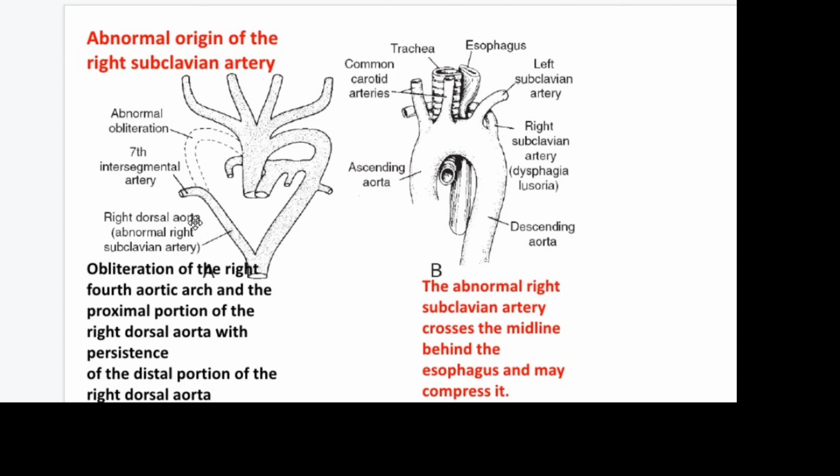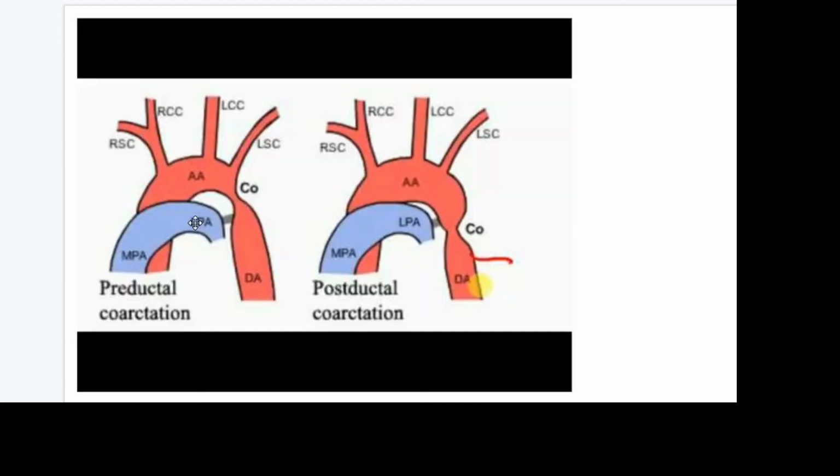Then there is this constriction of the aorta, and we can see the ductus arteriosus, with a preductal type and a postductal type. If it comes before the ductus arteriosus, we have a preductal constriction, and if it comes after the ductus arteriosus, we call it a postductal constriction.